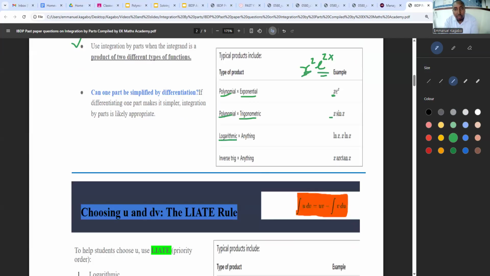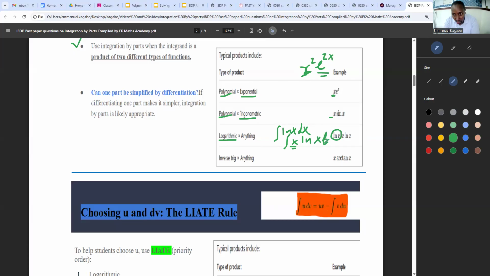Now, another way we use it: logarithmic functions. Integration of ln x, by the way, is very common in the exams. This is another example. Or you're dealing with x ln x. If you have to integrate that, you see, it is a polynomial, an algebraic expression, and ln.